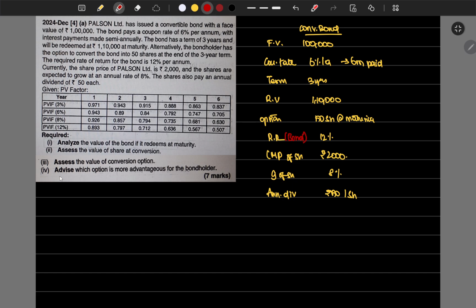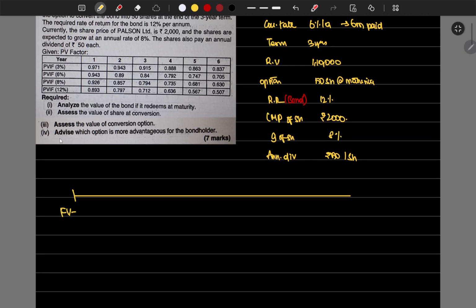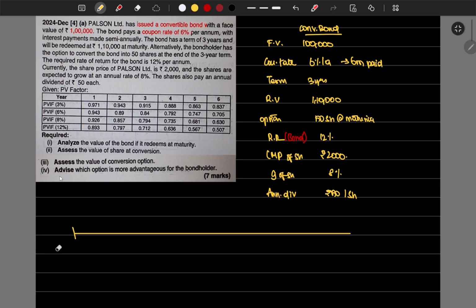The question says that they issued a convertible bond with a face value of 1 lakh, with a coupon rate of 6%. Face value is 1 lakh, interest rate is 6% per annum, and interest is paid semi-annually.